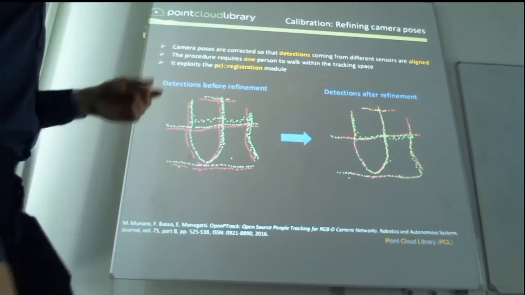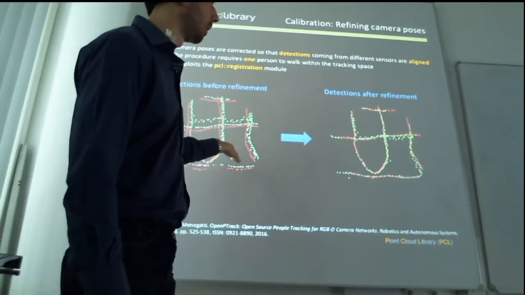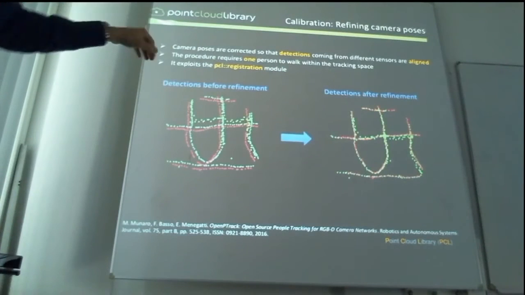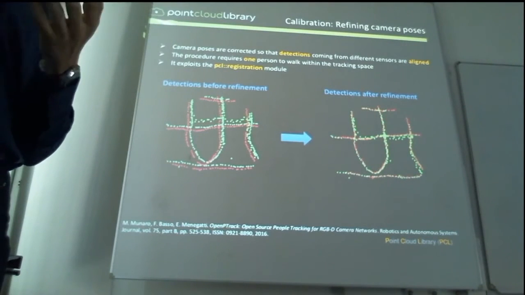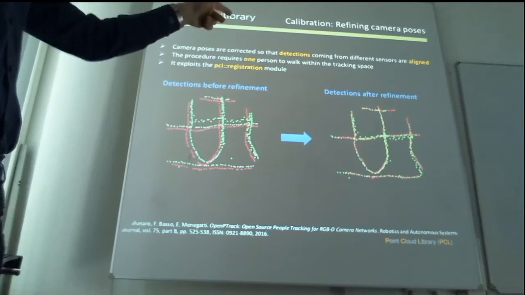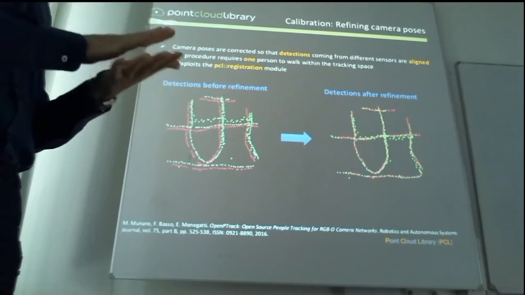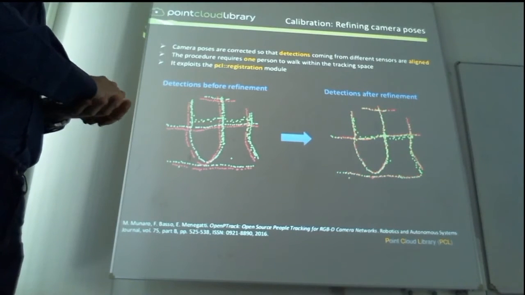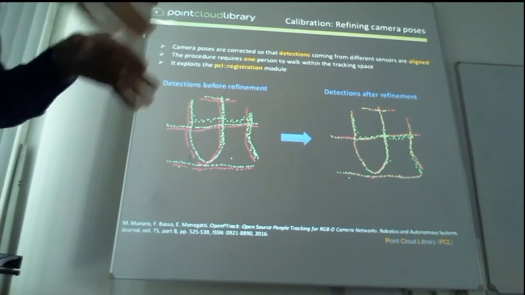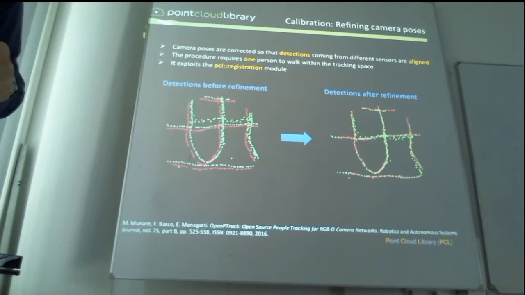The second procedure uses this as input for refining camera poses. This process internally uses the PCL registration module, the iterative closest point, and is able to refine the camera poses in order to make detections coincide. In this step, of course, only one person will be in the scene in order not to mismatch detection trajectories.